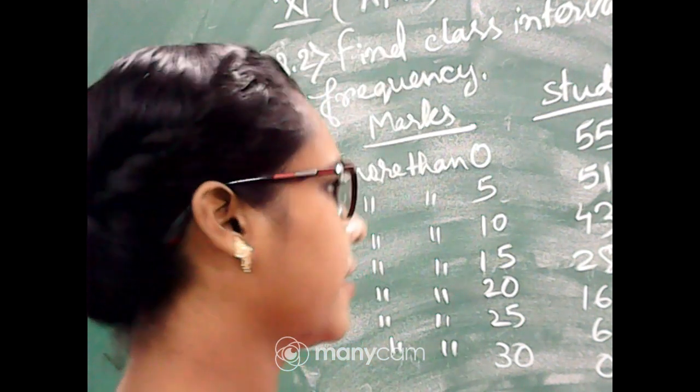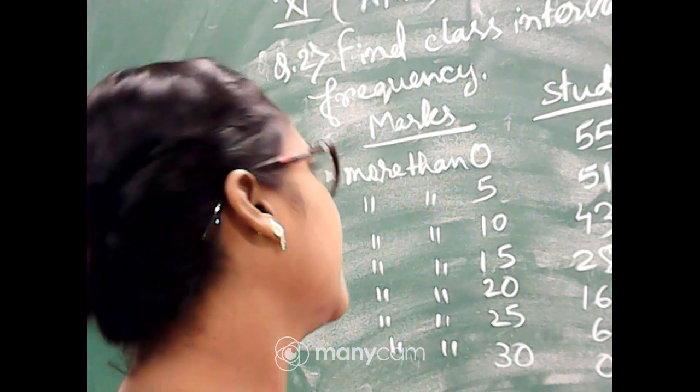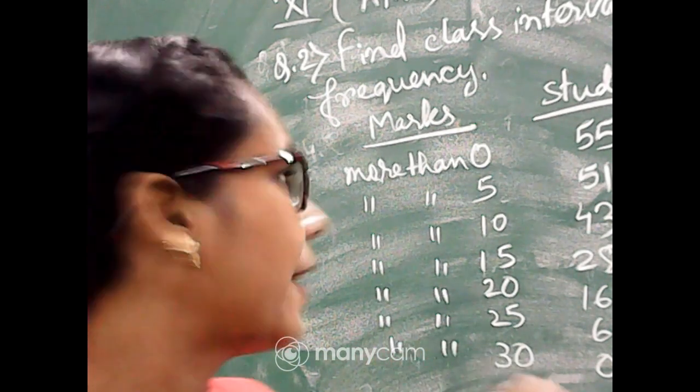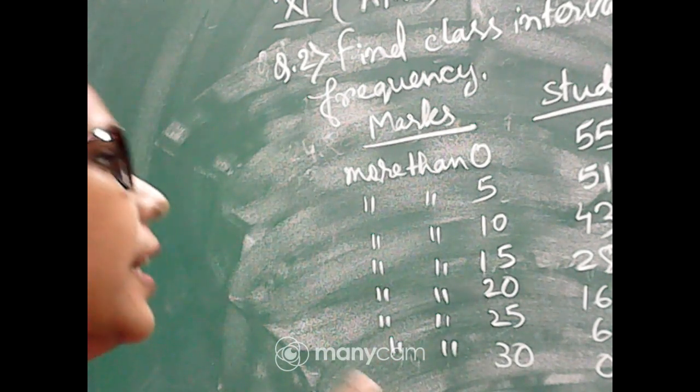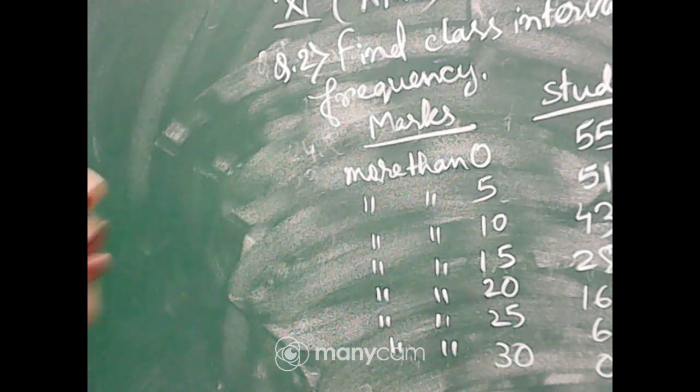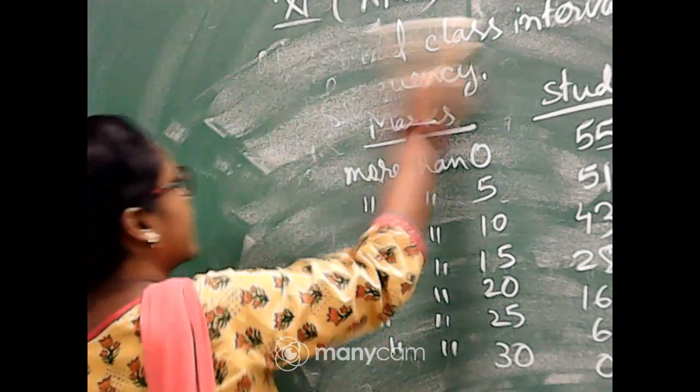Yes, 28. First, more than 0, 55, more than 5, 51, then 43, then 28, 16, 6 and 0. Okay, so we shift to our next question.